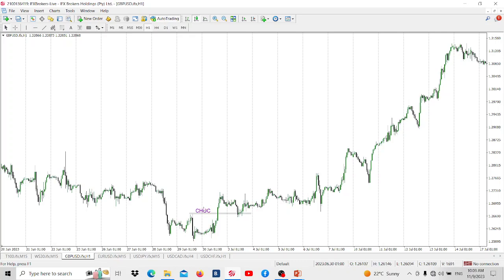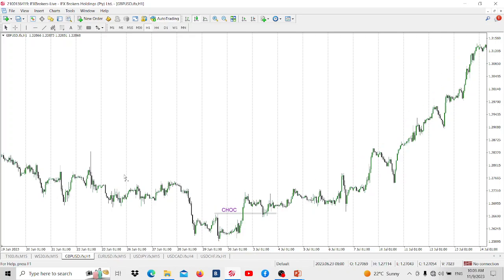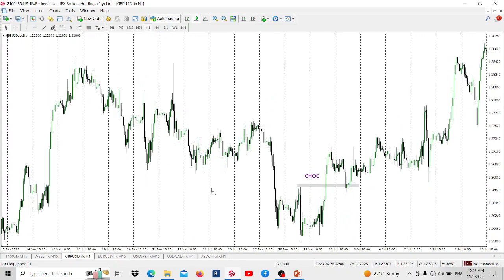It is our change of character. Why? Because you can clearly see that the market from the zone was selling, right? But in a way, it was coming to our last down candle, which is here, which is our order block.